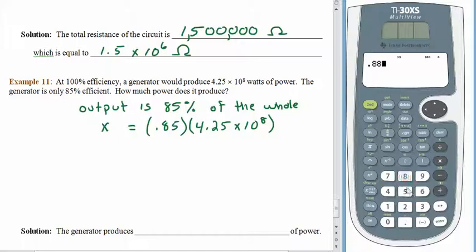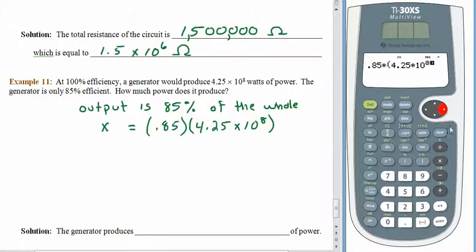0.85. Notice that my calculator is still in scientific mode. That doesn't mean you have to enter numbers in scientific notation. It just means it's going to give you answers in scientific notation. Times, parentheses to hold my number together, 4.25 times 10 to the 8th power.